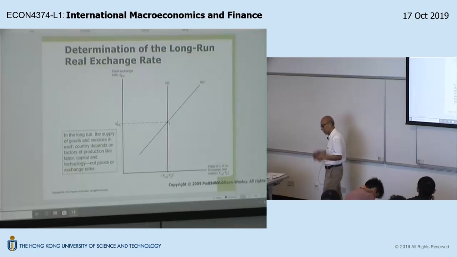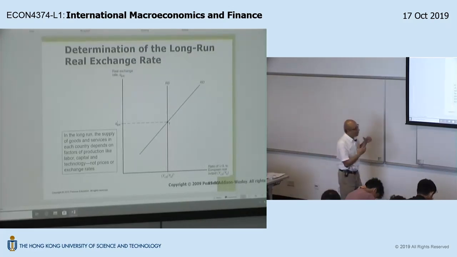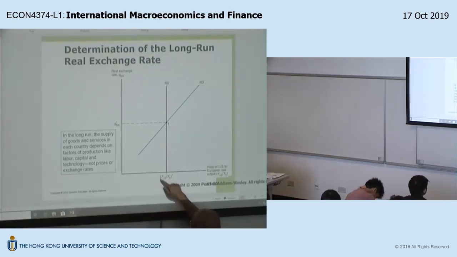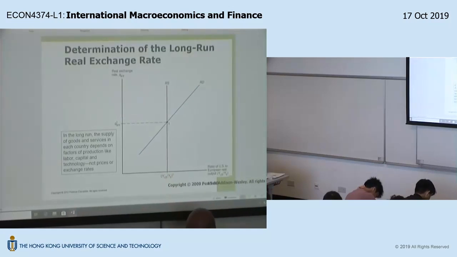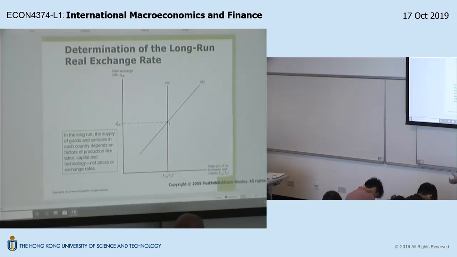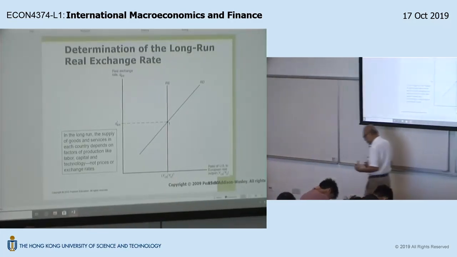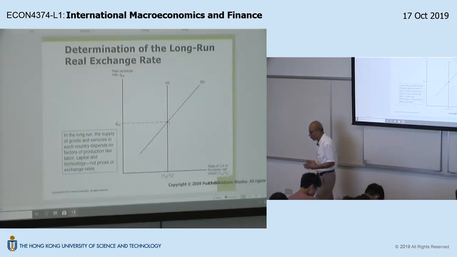They're comparable. So this represents the real value of the basket of goods produced by the U.S. factors of production divided by the real value of the basket of goods produced by Europe, or Europe's factors of production.